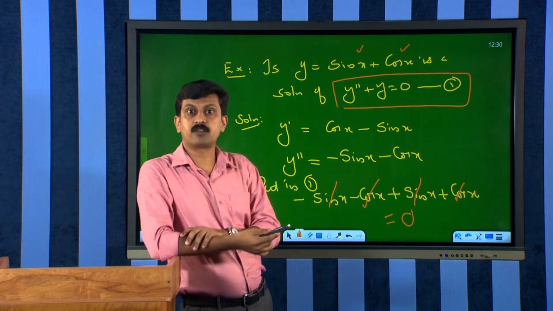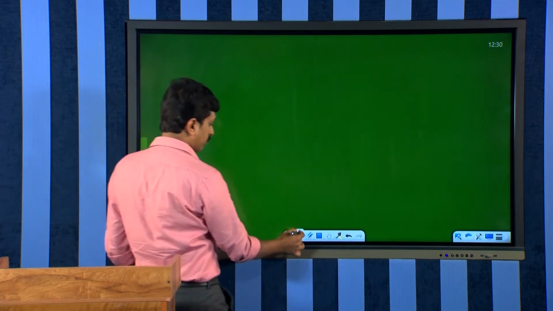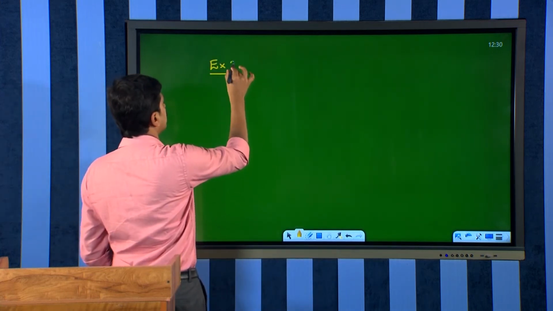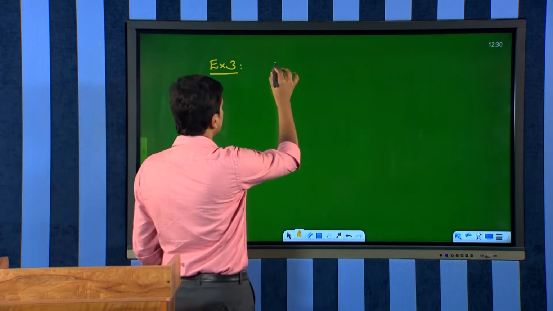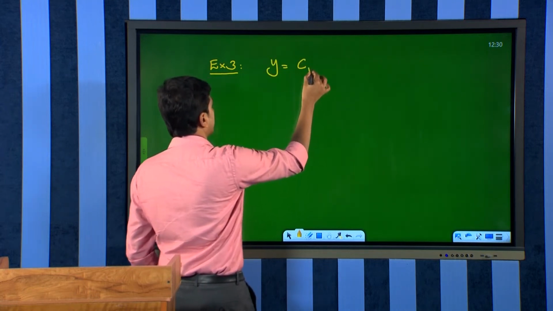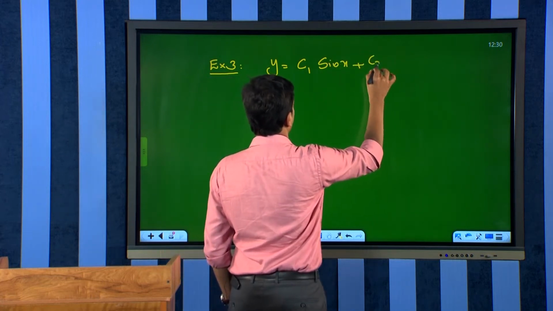Think about their constant multiple. See, we will move to the next example. Example 3, y is equal to c1 sin x plus c2 cos x.